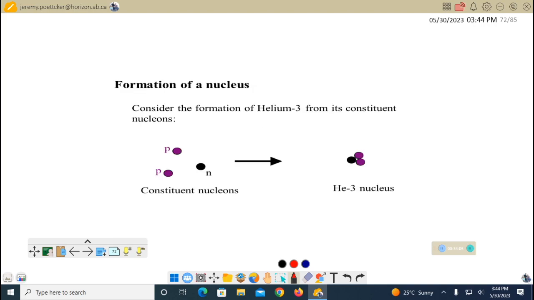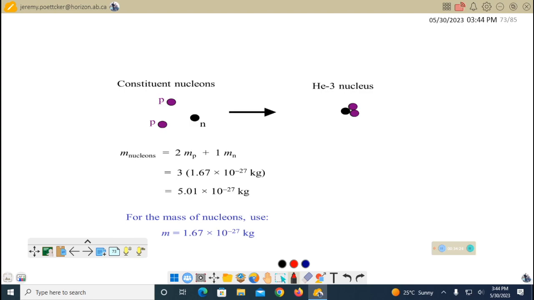So let's look at the formation of helium-3. The constituent nucleons: this is helium-3 again, not hydrogen-3, 2 protons and a neutron. And here's our nucleus. Now, if we look at the mass of the nucleons by themselves, 2 protons and 1 neutron, that's 3 times 1.67 times 10 to the negative 27.